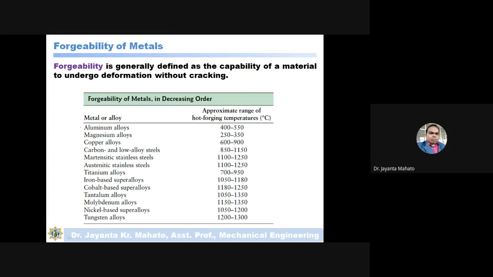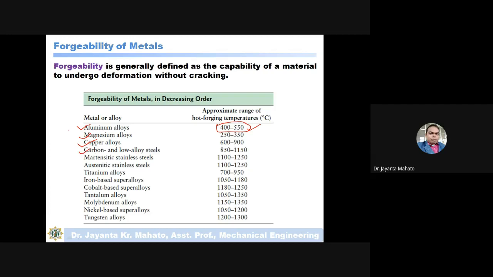Aluminum has the highest forgeability, and in hot forging, aluminum is forged between 400 to 550 degrees centigrade. Then the forgeability decreases through magnesium, copper, carbon and low alloy steel.